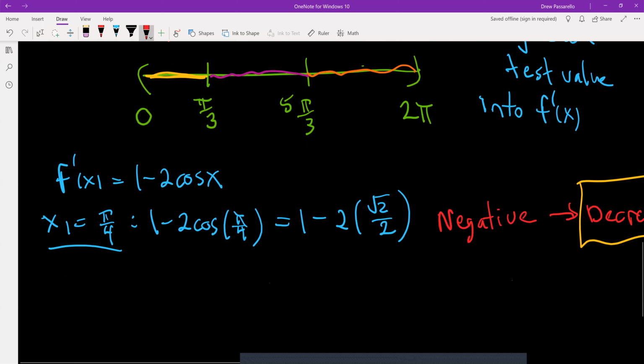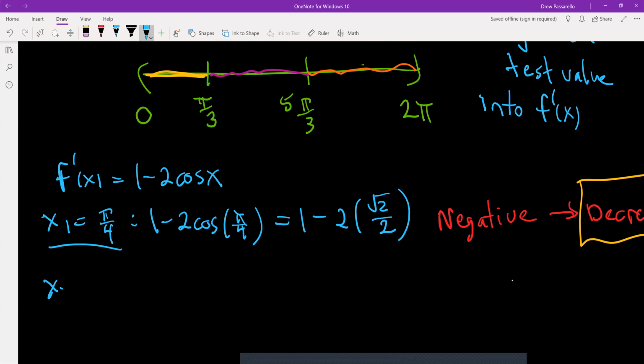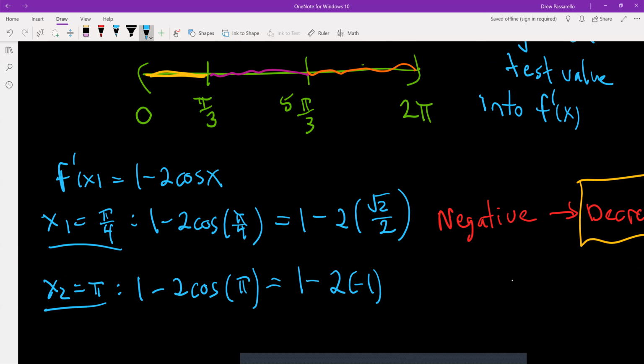So the second one is pi. That's going to be 1 minus 2 cosine of pi. Well, cosine of pi is negative 1. That's 1 minus 2 times negative 1, which becomes 1 plus 2, which is 3.